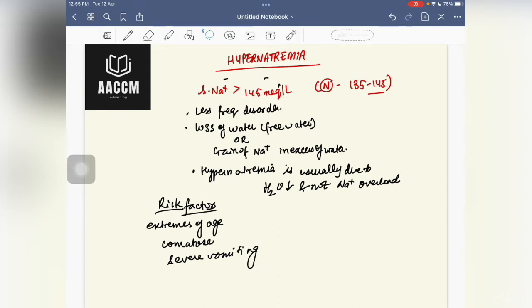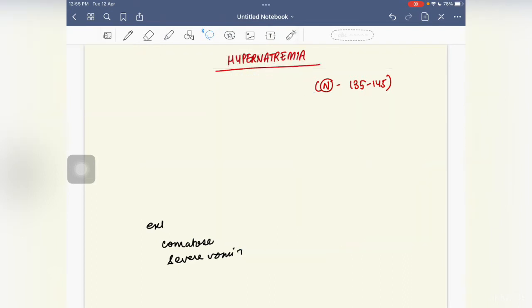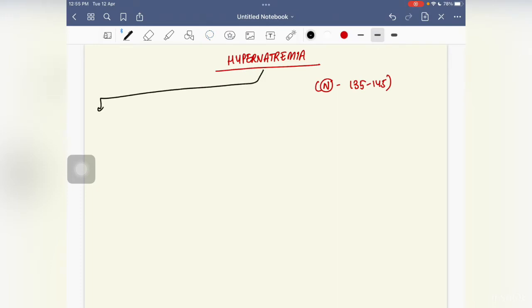Now let's see the classification of hypernatremia. It is divided into three types: hypernatremia with hypovolemia, hypernatremia with hypervolemia, and hypernatremia with euvolemia.